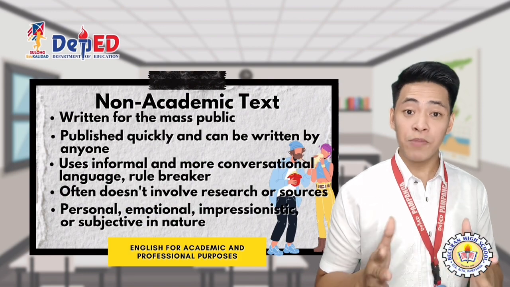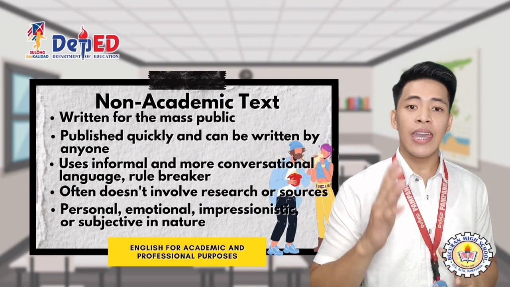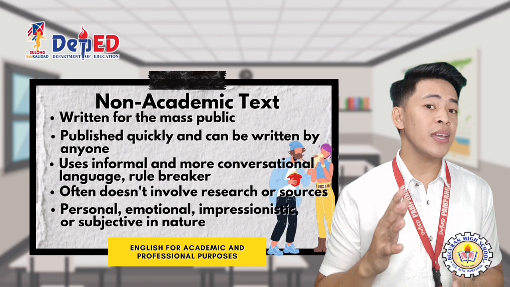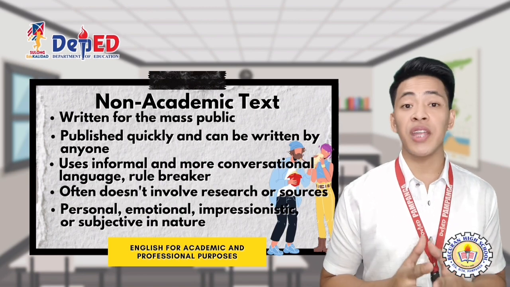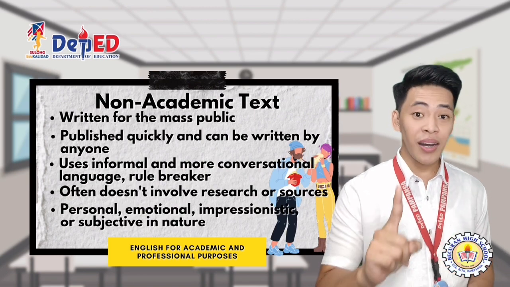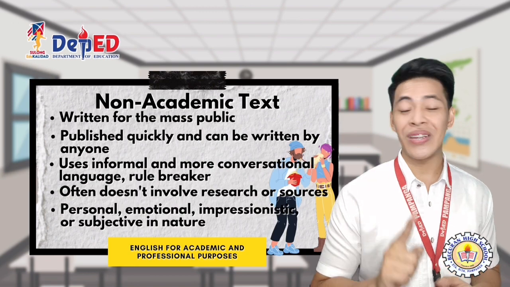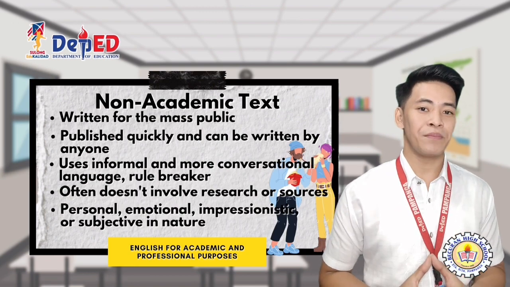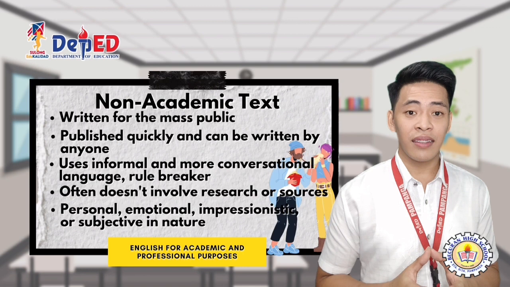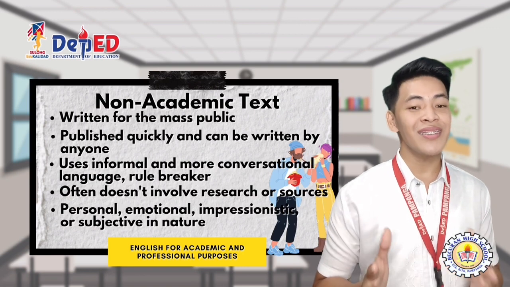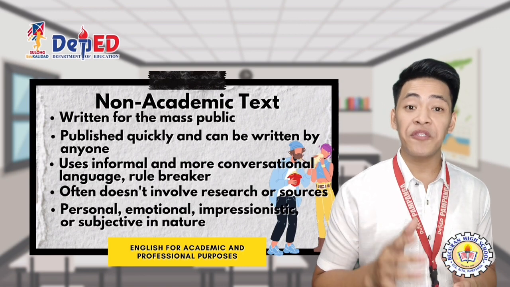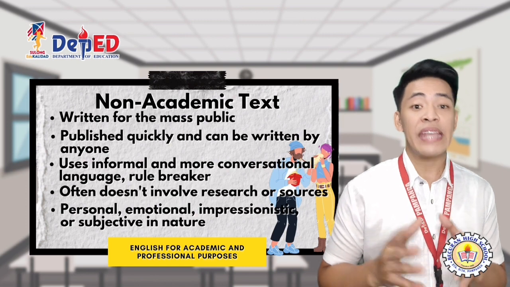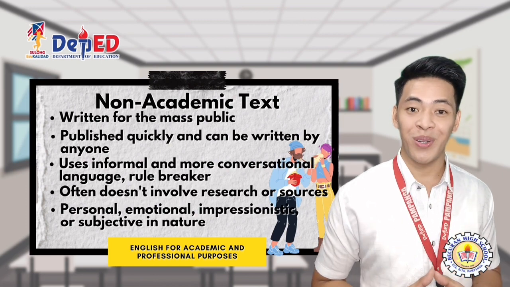Next is that sometimes in non-academic text, it does not involve any background research or even mentioning of any sources. But writers are still discouraged from plagiarism because more often than not, there is still a need to give credits for the data or ideas used in their papers.